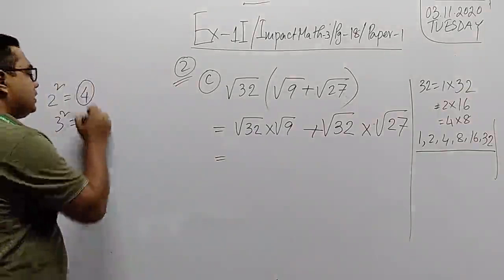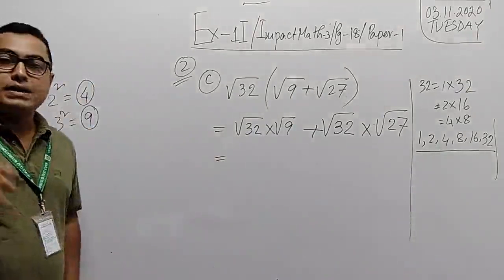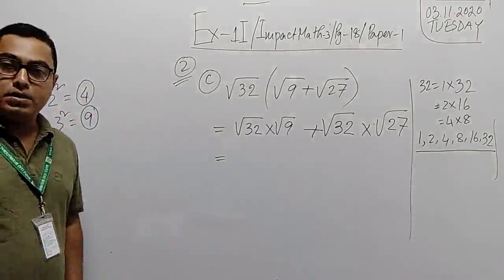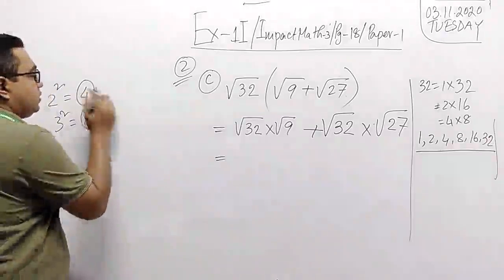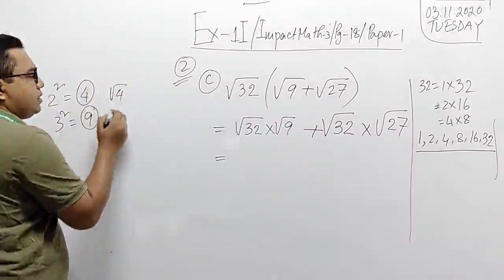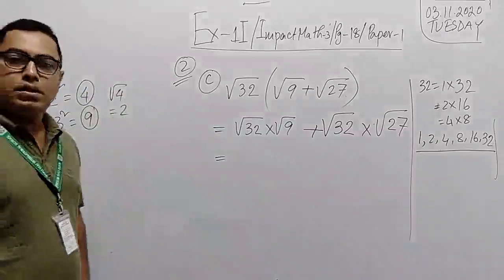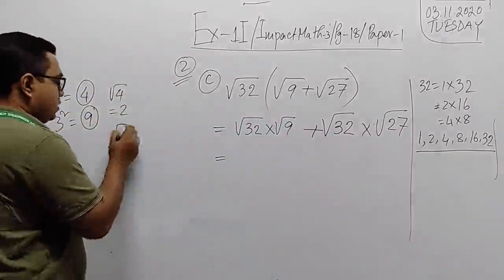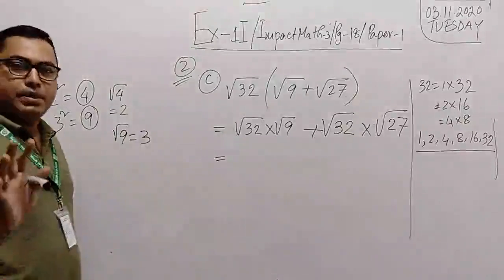So these, 4 and 9, are squared numbers. Square root of 4, we get 2. If we find the square root of 9, we get 3. It's very simple, not very difficult.